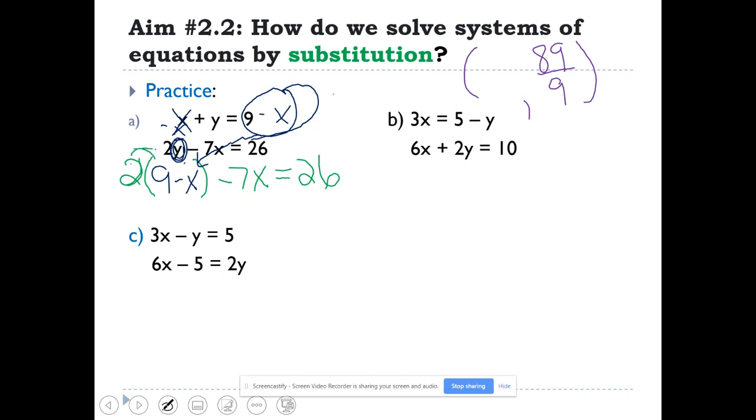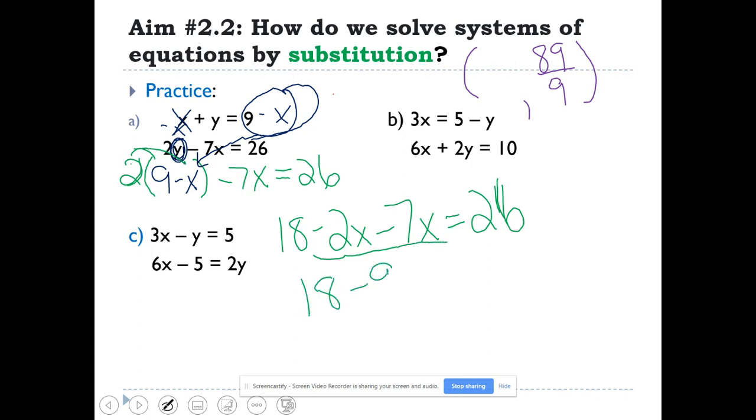Now I can distribute to get rid of the parentheses. We have 18 minus 2x minus 7x is equal to 26. These two are like terms, so 18 minus 9x is equal to 26.